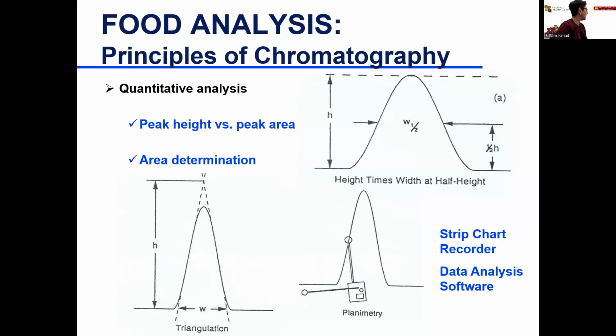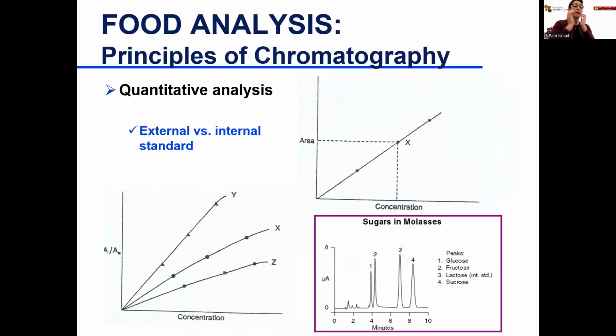And we determine area, old school, you can use dimensions, or in the past they used strip chart. Nobody uses that anymore. Now the software is smart enough to spit out the areas for you, and that's what you use in calculations. All right, let's spend a little bit of time talking about external standards versus internal standards.